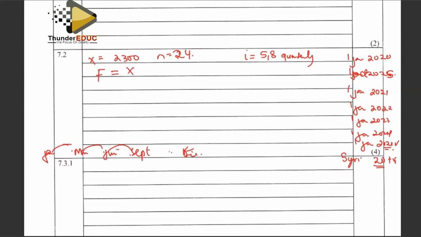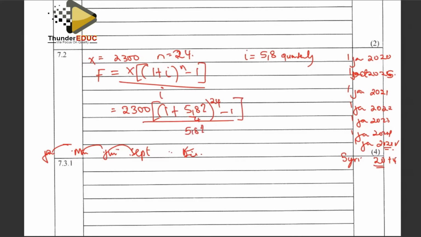We're saying X, open brackets, 1 plus I to the exponent of n minus 1 over I. Okay, so this is going to be 1 plus 5.8% over 4 to the exponent of 24 quarters minus 1 over 5.8% over 4. Then this amount needs to grow for just one more quarter, which is 5.8% over 4 to the exponent of 1.